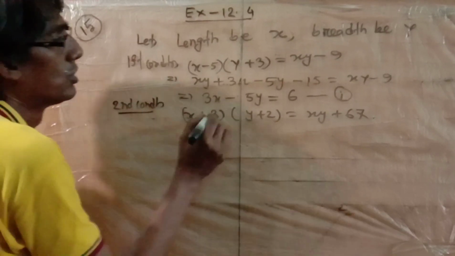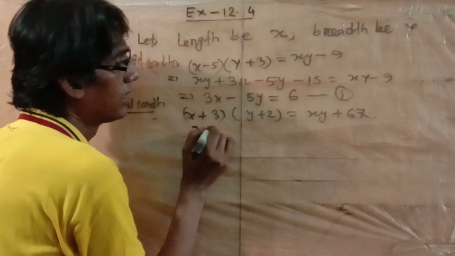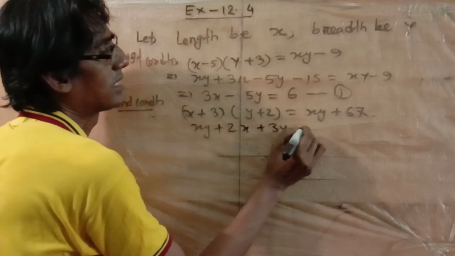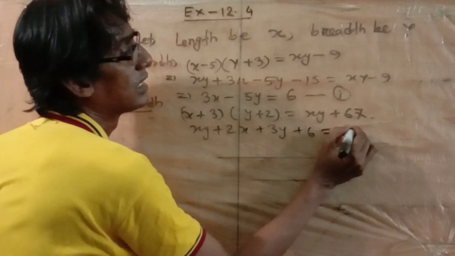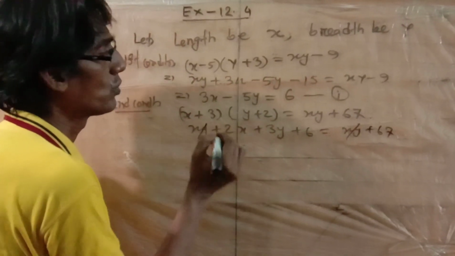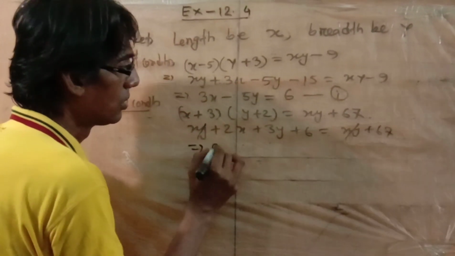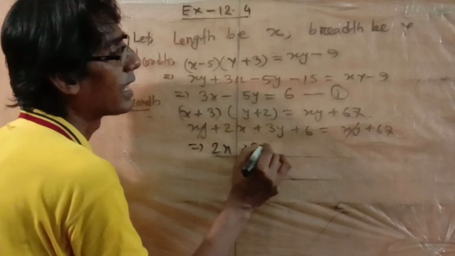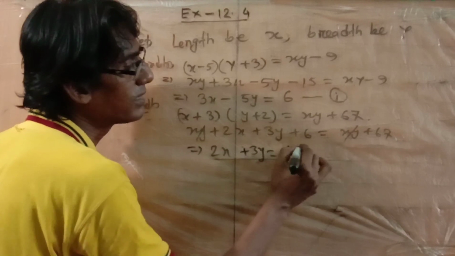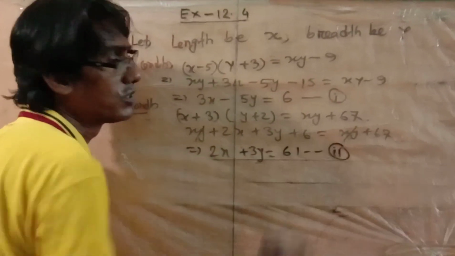Apply here, multiply: xy plus 2x plus 3y plus 6 equal to xy plus 67. Here xy is omitted. So what I get: 2x plus 3y. If I subtract 6 from 67, the result will be 61. So this is equation number 2.